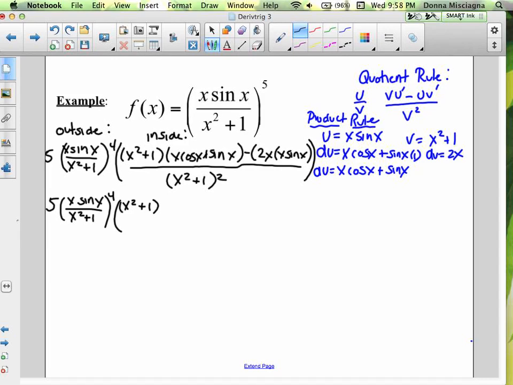We've got an x right here, we could distribute the x. Can't do much with it with the cosine x and the sine x anyway. So now we can make that x cubed plus x, times cosine x plus sine x. And then we have minus, may as well multiply the 2x and the x together, 2x squared sine x.